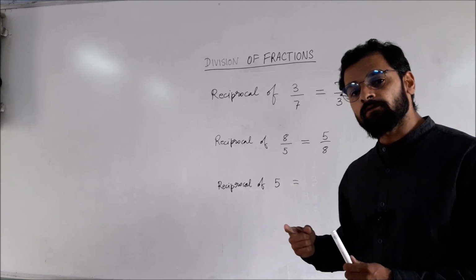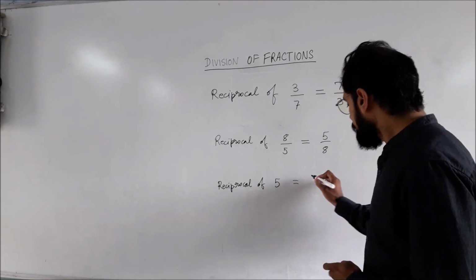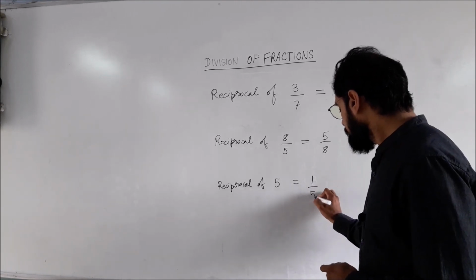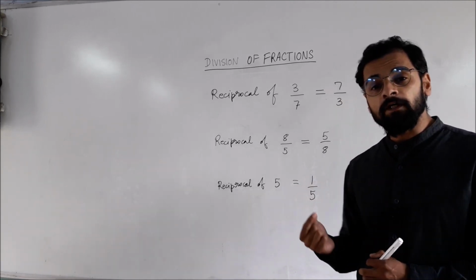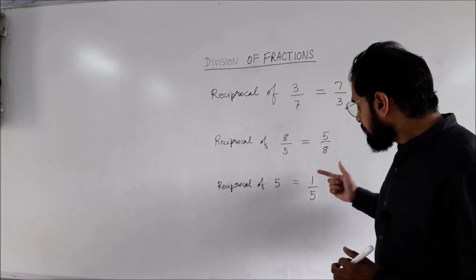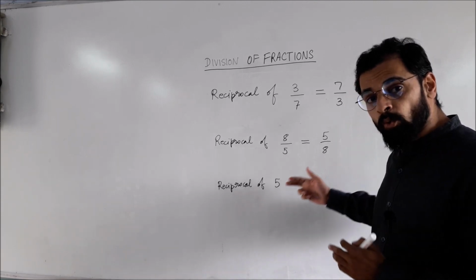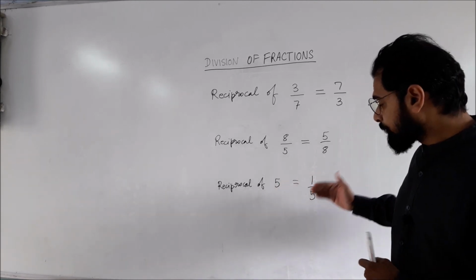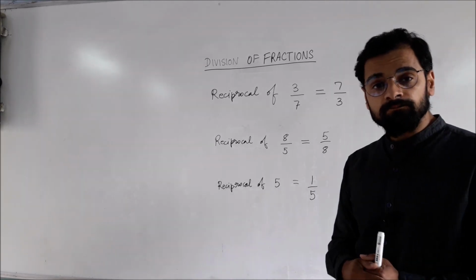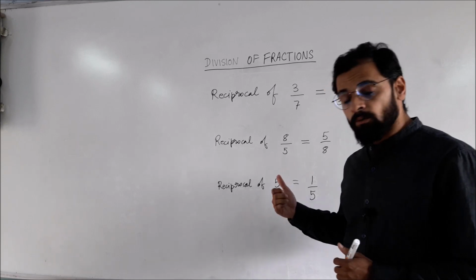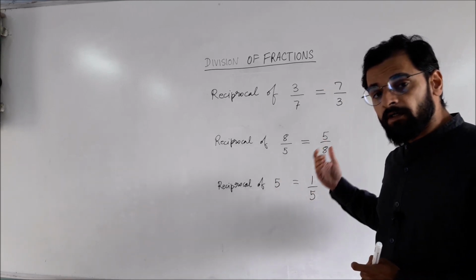So its reciprocal will be 1/5. So finding the reciprocal of a whole number means just giving it 1 as the numerator and that whole number comes down in the denominator. So the reciprocal of 5 is 1/5. So now you are clear with the concept of reciprocals.